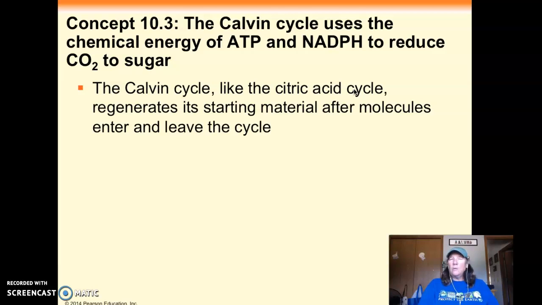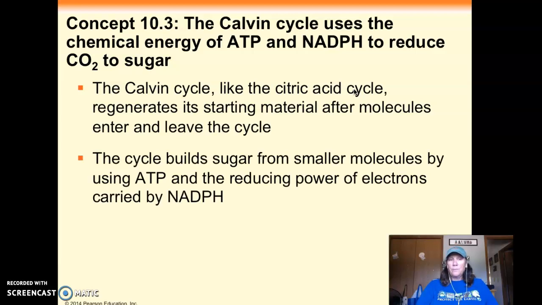Remember, in the mitochondria we took sugar and got our ATP and ended up producing carbon dioxide and water. So they're just the opposite of each other, which is a really sweet deal. They give us what we want, we give them what they want.